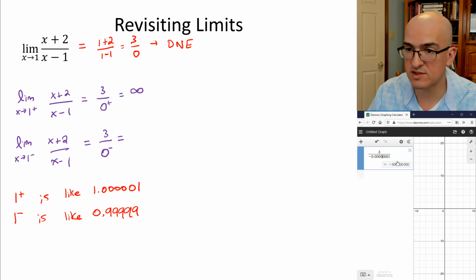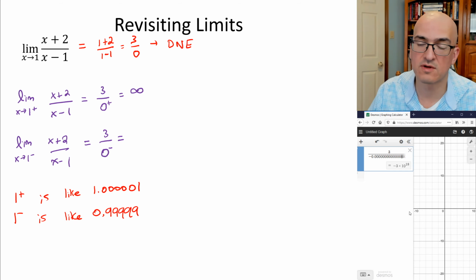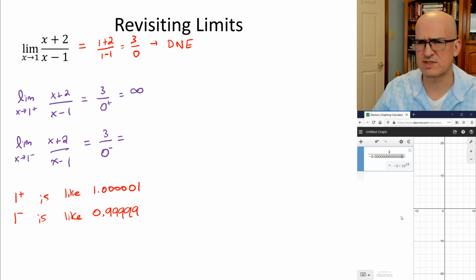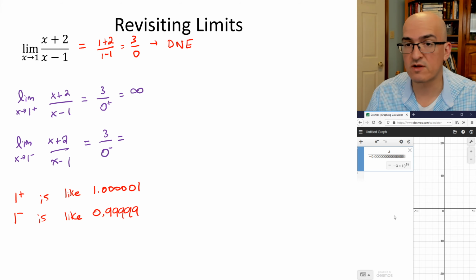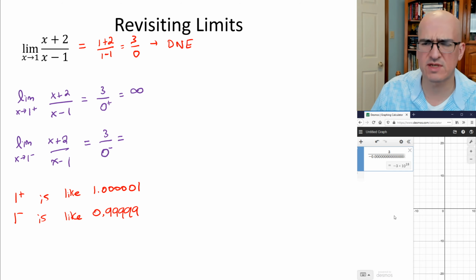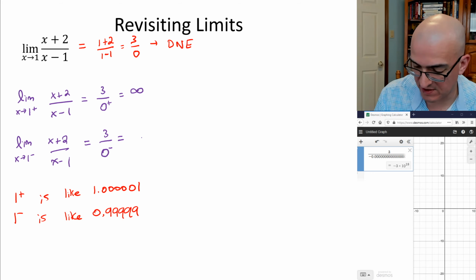And as I make this closer and closer to 0, which I guess means less negative, the result of the calculation gets larger and larger and larger. Or rather, more negative, I should say. Keep messing that up. Sorry about that. So this would be minus infinity.